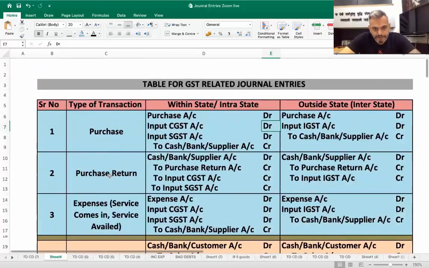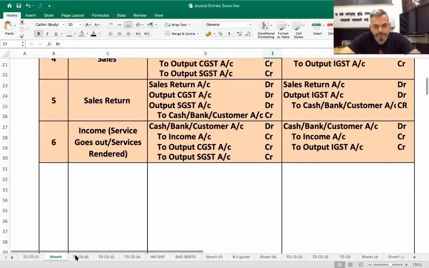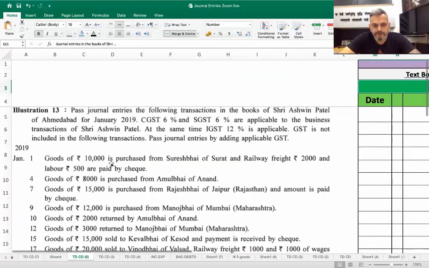Now let's go to the sum. Illustration 13. Pass journal entries for the following transactions in the books of Shri Ashwin Patel of Ahmedabad for January 2016. CGST 6%, SGST 6% are applicable to the business transactions of Ashwin Patel.